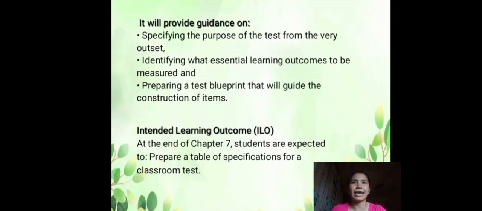It will provide guidance on specifying the purpose of the test from the very outset, identifying what essential learning outcomes are to be measured, and preparing a test blueprint that will guide the construction of items. So when we talk about specifying the purpose of the test from the very outset, it is under DepEd Order 73, Series 2012.